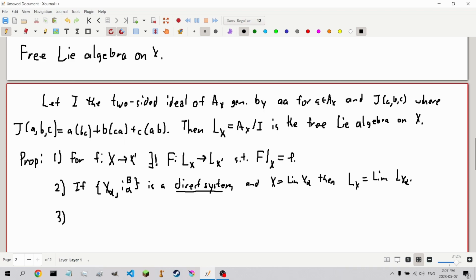Three, we get of course our good old friend, change of base ring.